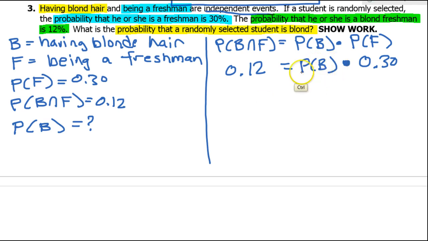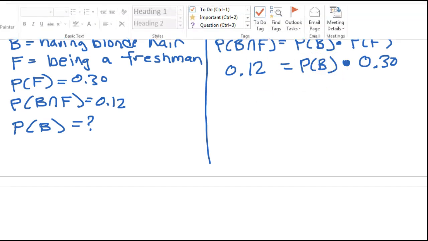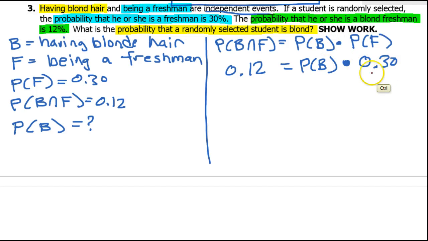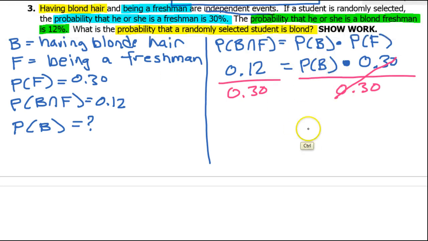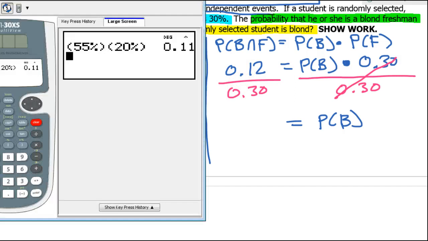So the way you solve for the probability of being blonde is to divide both sides by what's right here next to it. I'm going to divide both sides by 0.30. That way these cancel each other out, and that's going to simply leave the probability of being blonde all by itself. Now I just need to go ahead and divide this so I can see what decimal it makes.